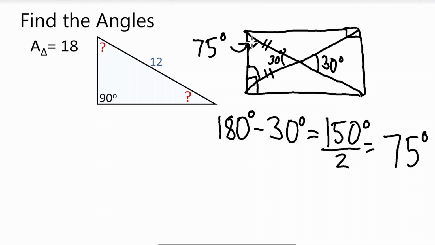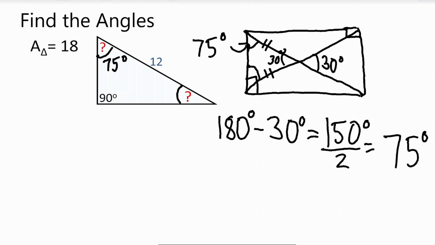As you can see, this angle here is already part of our original triangle. So we have 75 degrees here on this angle of our triangle. Now we can just subtract 90 and 75 from 180 to find the value of our last angle.